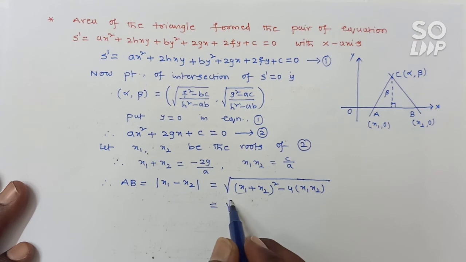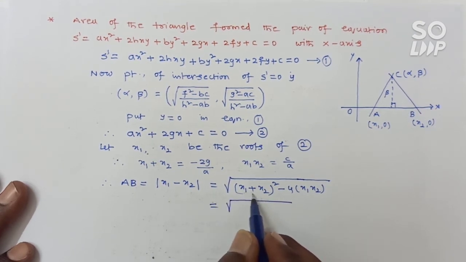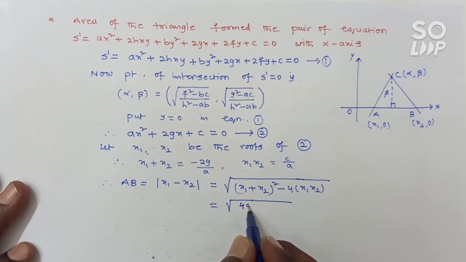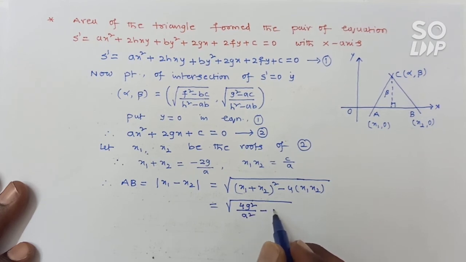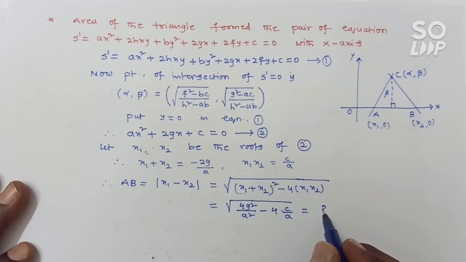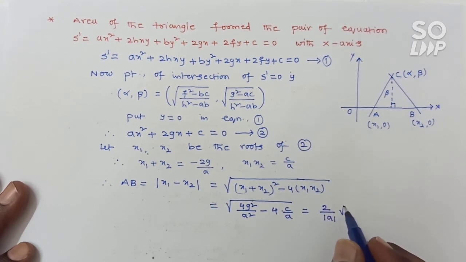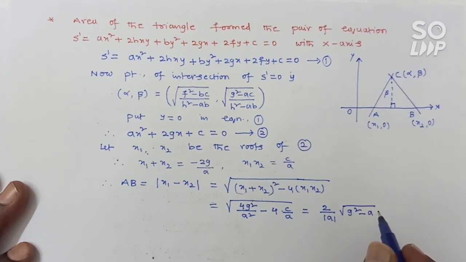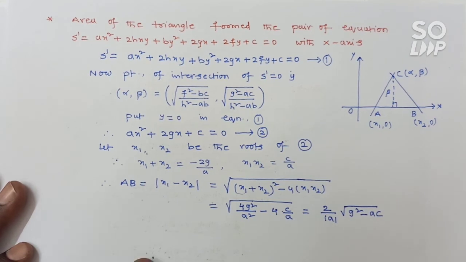That is equals to square root of 4g square by a square minus 4 into c by a. Now you take the LCM and 4 you take outside. That is 2 by modulus of a into square root of g square minus ac. This one is the base of the triangle.